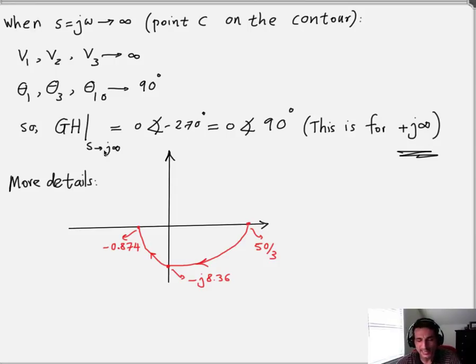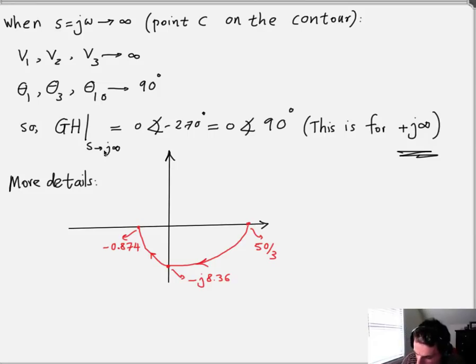So now, what does that mean? That means that associated with omega equal to positive infinity, the point corresponding to that on contour B, which is G of j omega H of j omega, is going to be very, very close to 0, but it makes an angle of 90 degrees with the real axis.